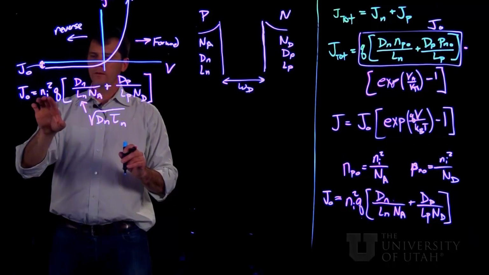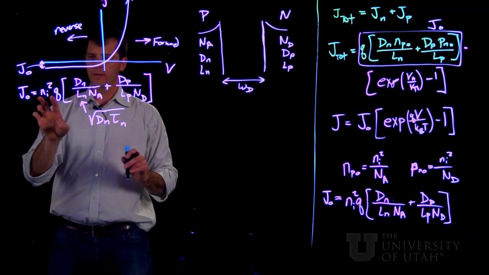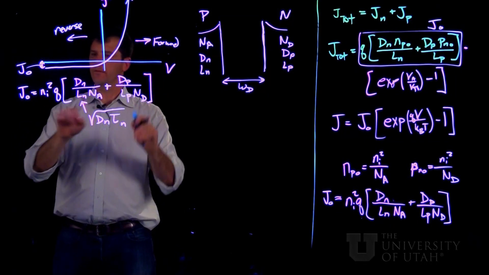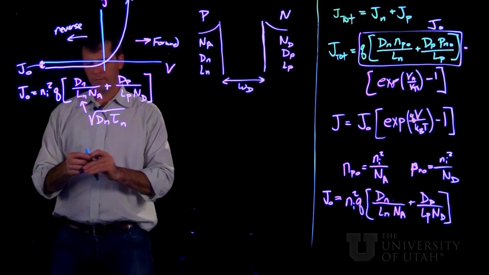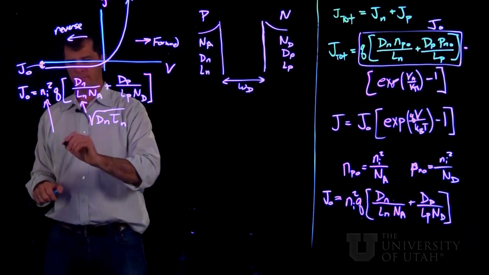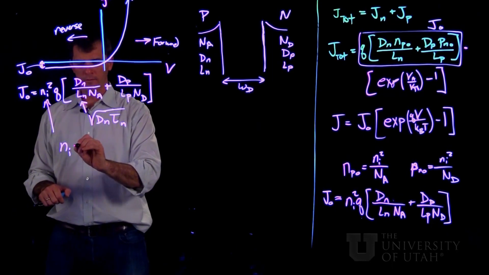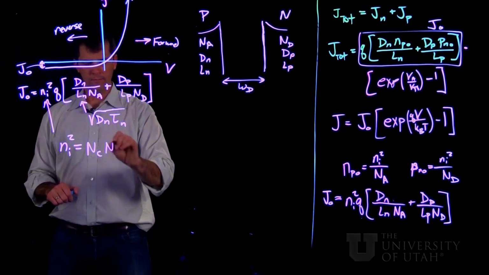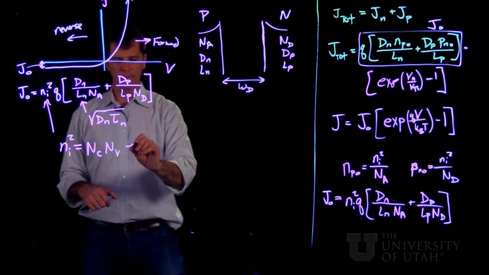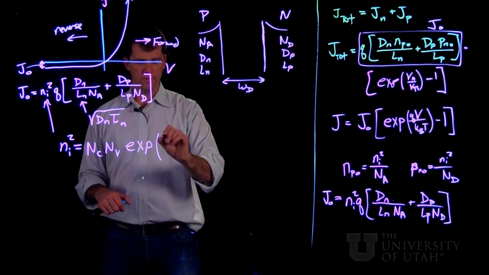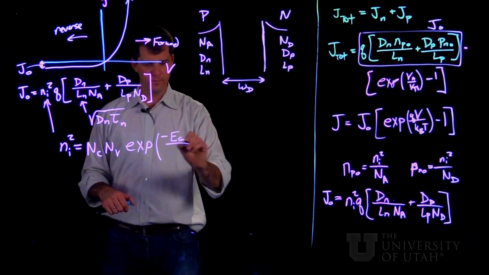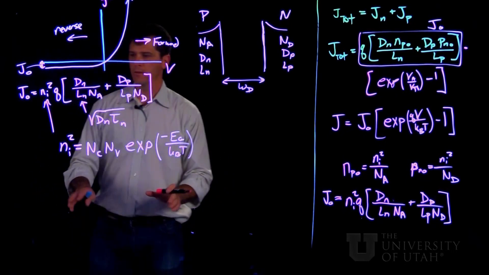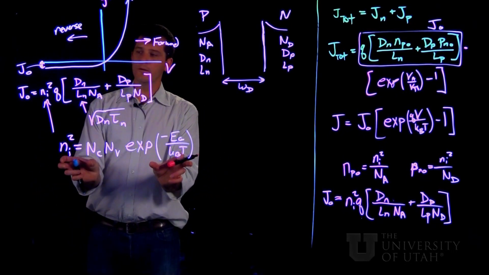So also, we can look at the temperature dependence. All of these terms have slight temperature dependencies, but the one that's going to win is the Ni. Ni squared is given by Nc Nv, our effective densities of states, times exponential of minus E gap over kBT. So there's actually a very strong temperature dependence here.